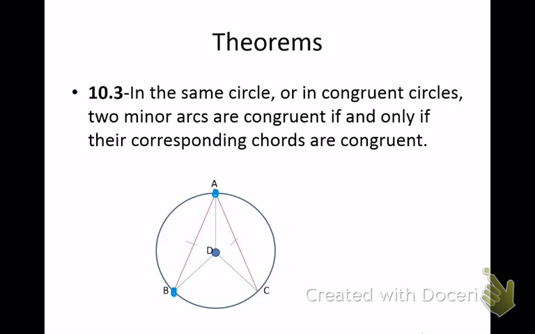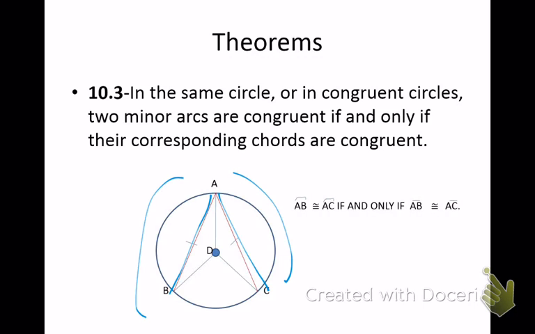Well, if in the same circle or in two congruent circles, chords AB and AC are congruent, then the arcs AB and AC are congruent, and vice versa. If the arcs AB and AC are congruent, then the chords AB and AC must be congruent.